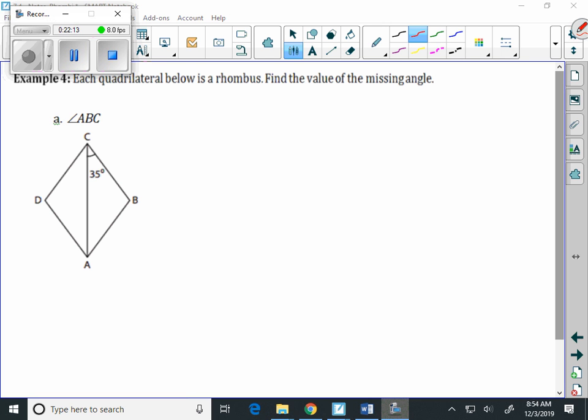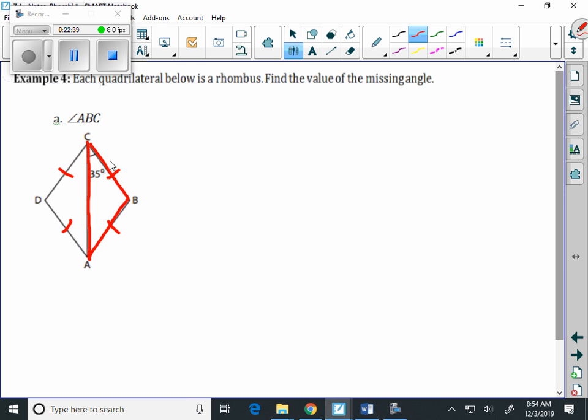So finally, to get into a little bit of algebra, each quadrilateral below is a rhombus. Find the value of the missing angle. Now the thing about a rhombus is that a rhombus has 4 congruent sides. So as we mark this one up, we're looking at this triangle.